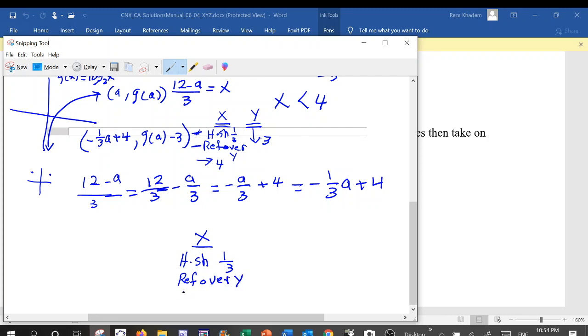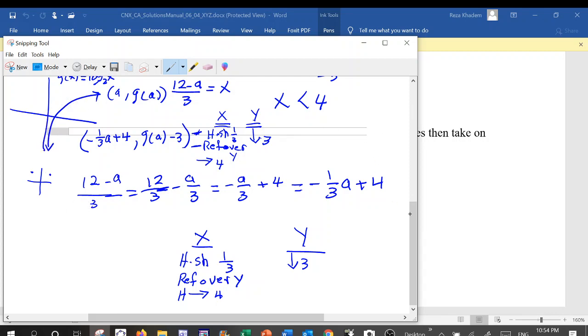And then we're going to do a horizontal shift right by 4, right? In the y direction, we're just going down 3, right? Now, these have to be done in this order, and that's only one way, so you could just do it.